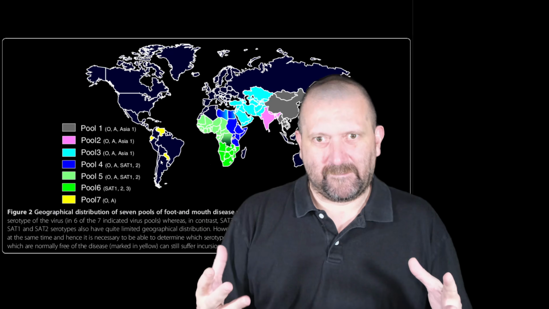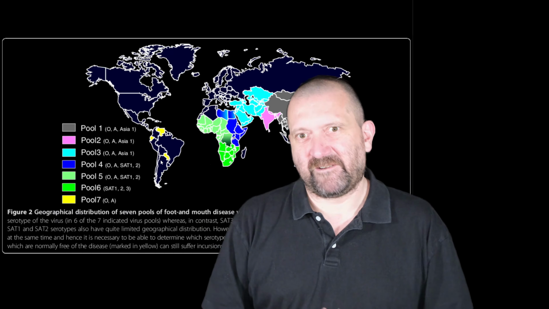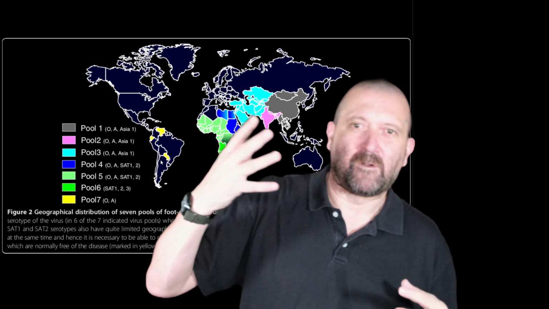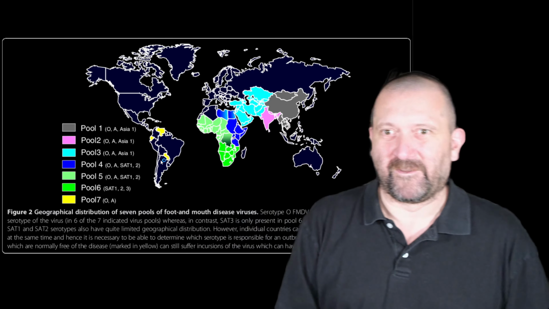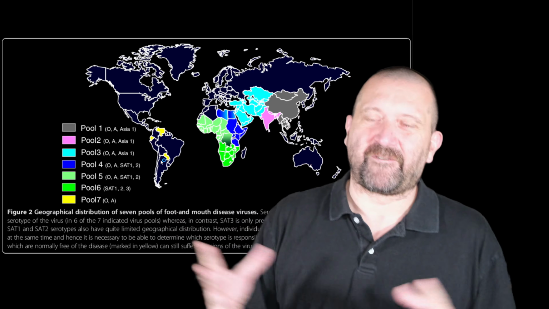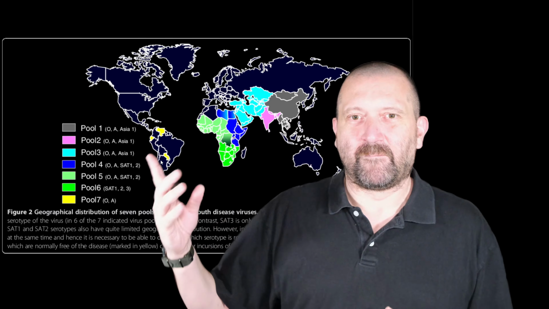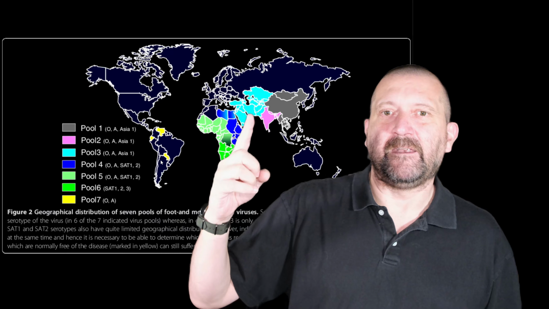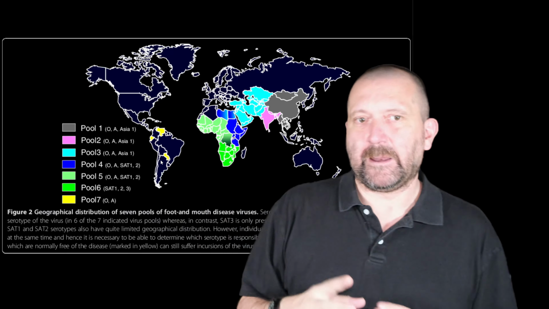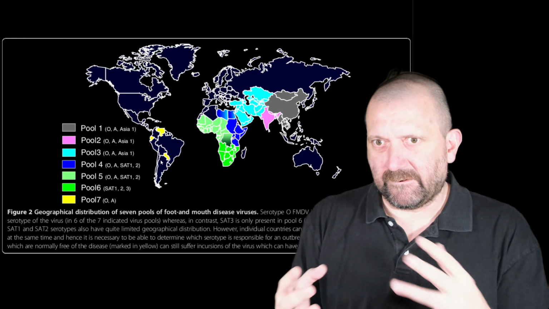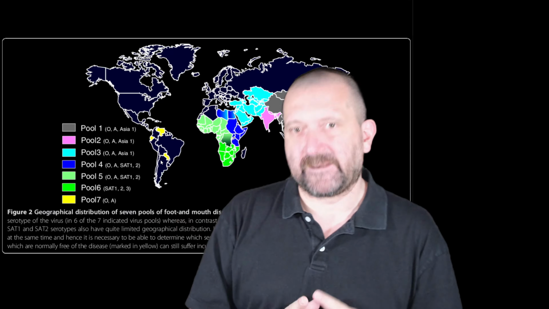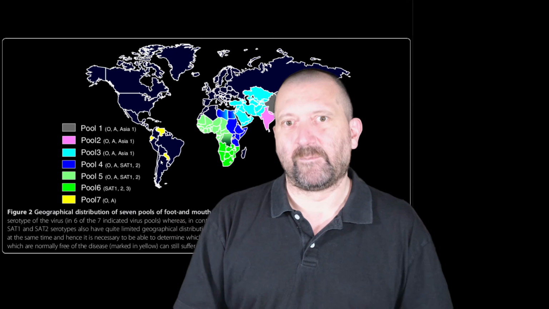So in the lecture about spatial spread, we will come back to potential consequences of this spatial segregation of the serotypes. Here, this is just to say that if you're writing a model for here, for instance, then you will be dealing with a different virus from the one that you would be dealing with here, and that might have slightly different characteristics in terms of modeling.